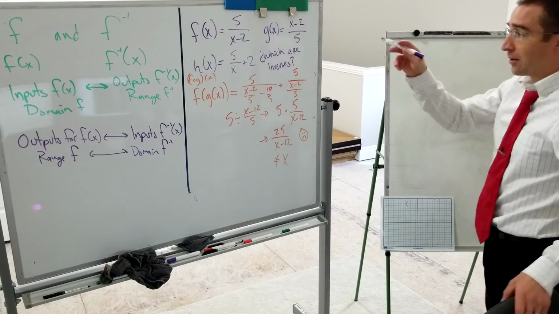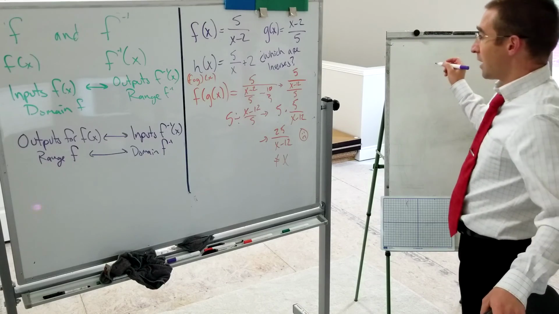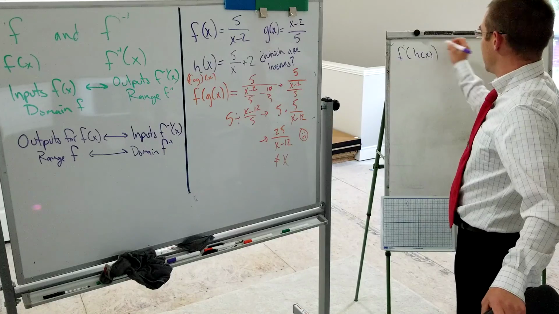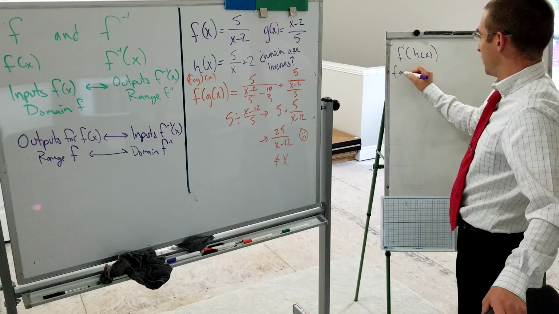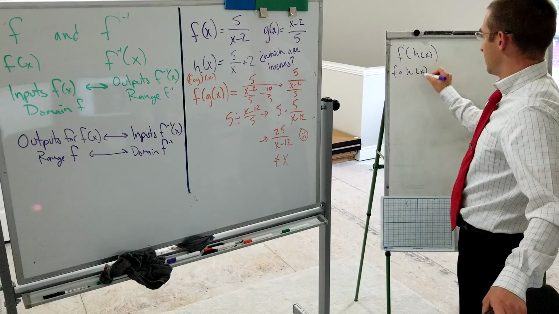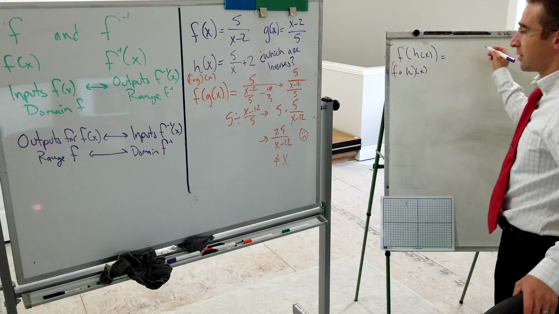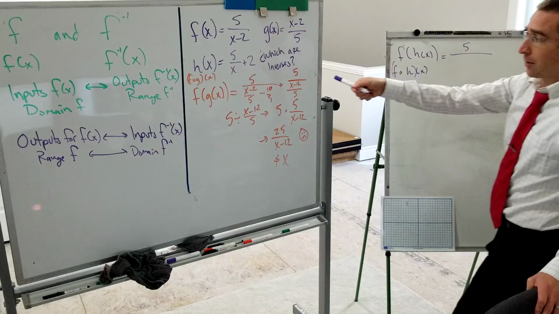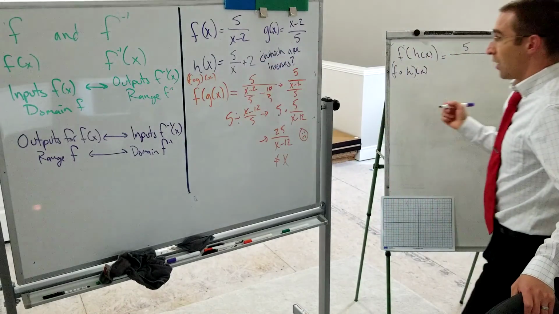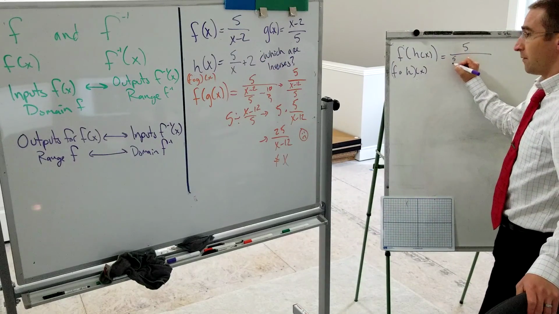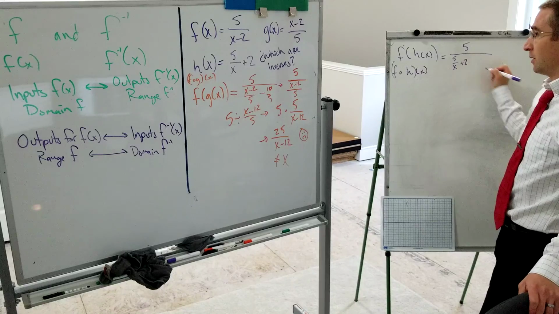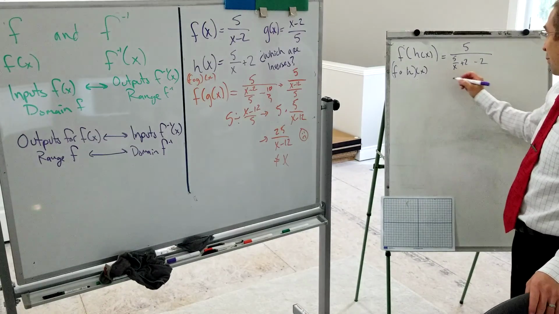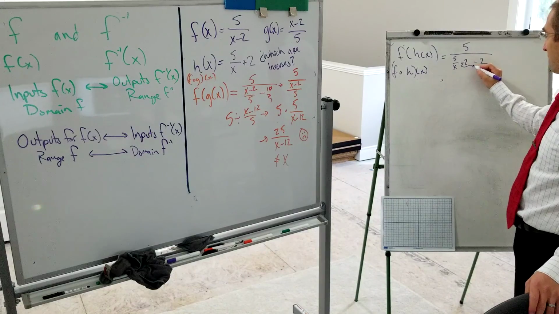All right, so now let's look at f of h of x. What we're going to do here is go 5 over, instead of an x, I'm going to put in h of x. So I'm going to put in 5 over x plus 2, and then there's this minus 2. And I'm going to simplify. Well, hey, check it out.